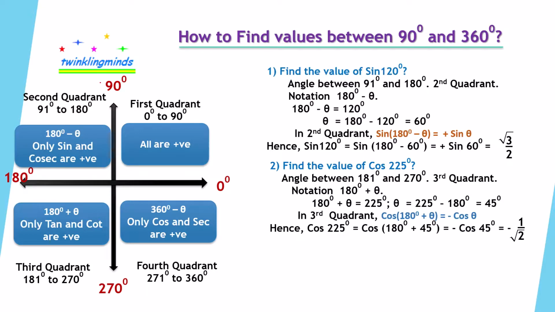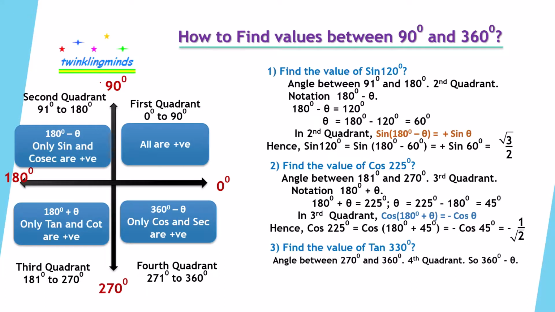Let us move to another example. Tan 330 degrees. Where is this? In the fourth quadrant. So notation 360 degrees minus theta, and only cos and sec are positive. So the tan value will be negative. So what is the value of theta here? Theta is 360 minus 330, 30 degrees.